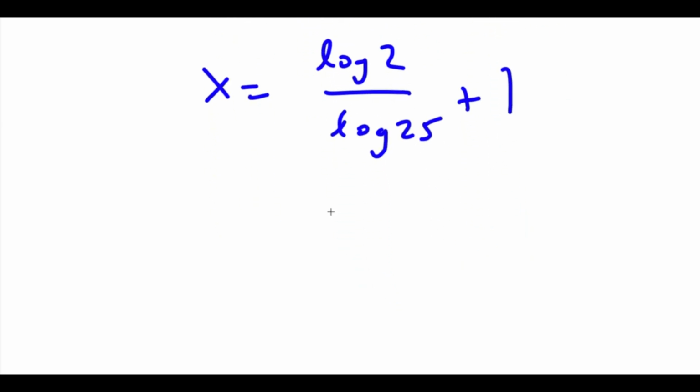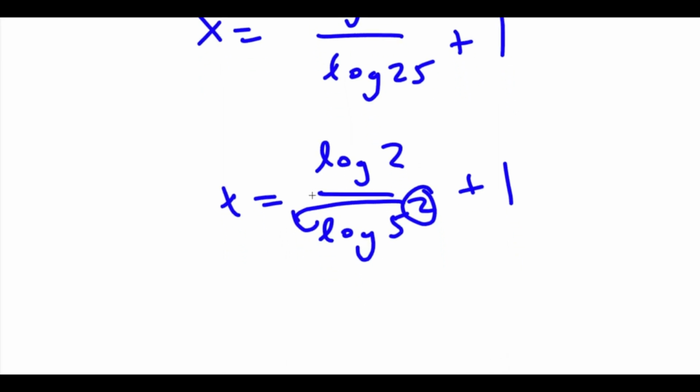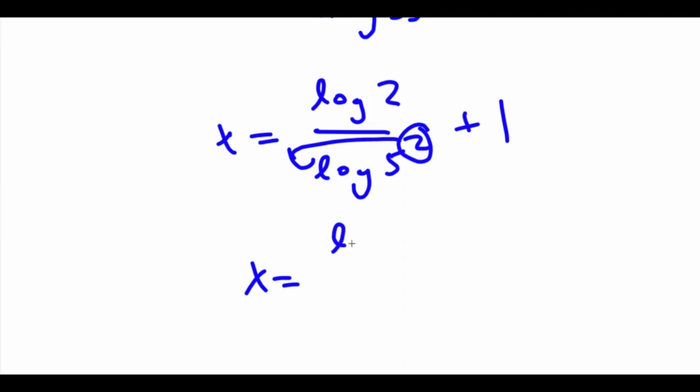And log 25, this is the same thing as log 5 squared. Now I can actually move my 2 here to the front, because remember that property. So now I have x is equal to log 2 over 2 times log 5 plus 1.